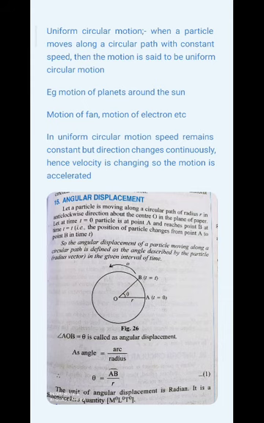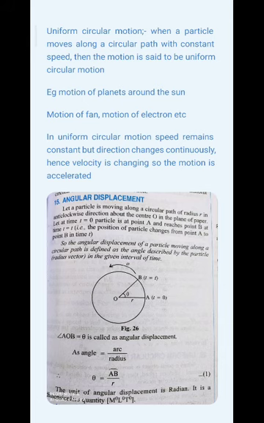When a particle moves along a circular path of radius r, at time t1 it is at point A, and at time t2 it is at point B. Then the distance AB is called linear displacement.